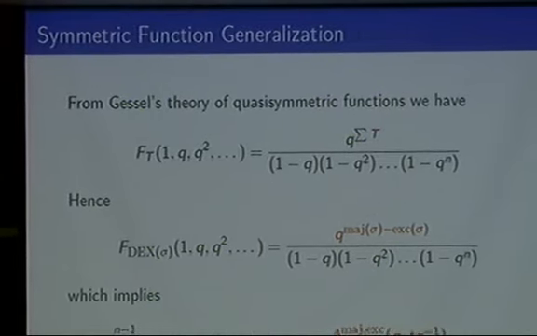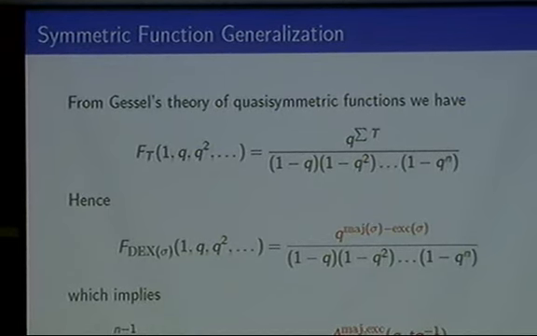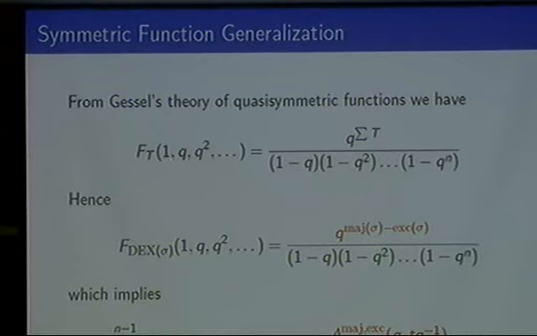So if we take for any subset T the fundamental quasi-symmetric function, and specialize by replacing x_i by q to the i minus 1, we get this formula where we're summing over the entries of T. So if we do that for dex sets, we get this.